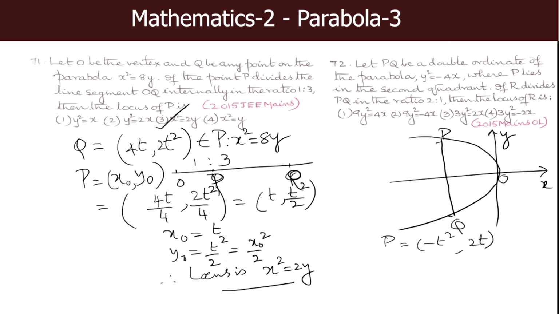X coordinate negative and y coordinate positive, P lies in the second quadrant. Q, the double ordinate, is (minus t square, minus 2t). R divides PQ in the ratio 2:1.